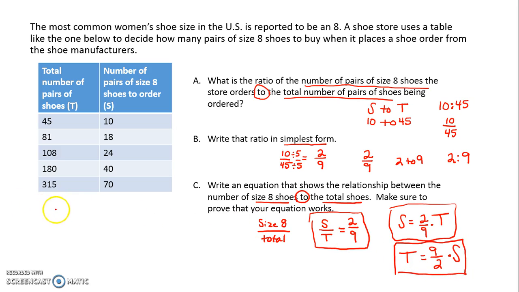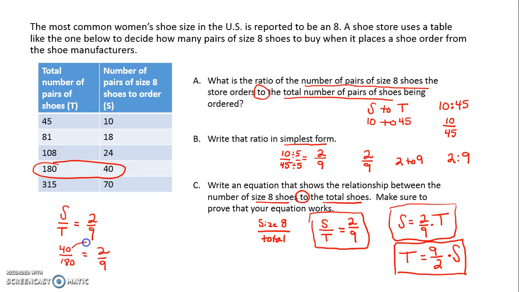So if I want to prove that it works, if I have S over T equals 2/9, to prove it works, I would just choose one of my values here. I'm just going to choose these values. So my S is 40, my T is 180. So I would do 40 over 180 and show that that's really 2/9.